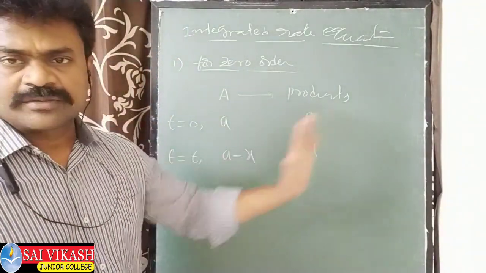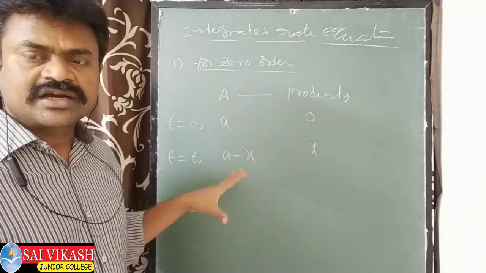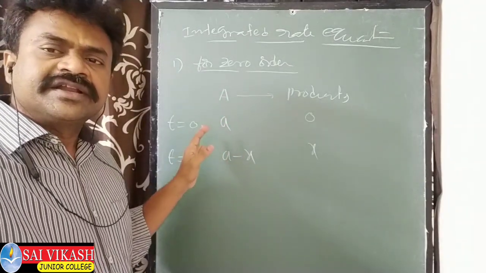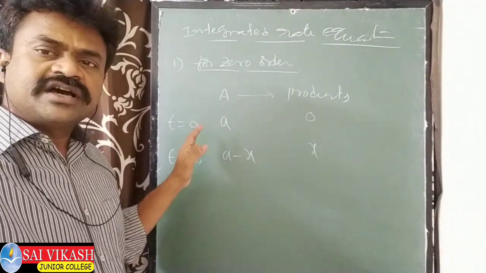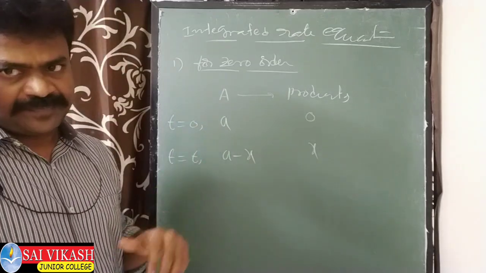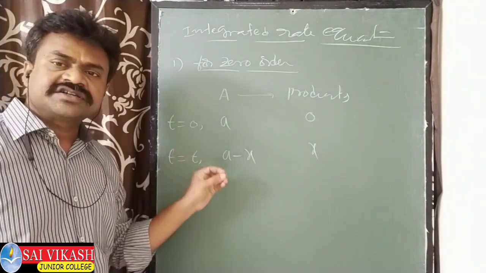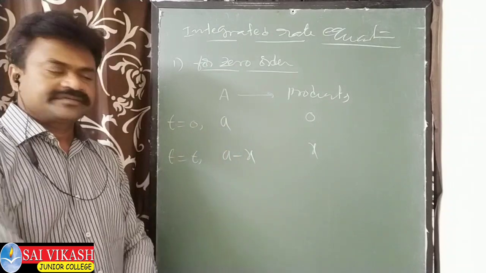Actually, we don't want the products. We want the concentrations of the reactants. That's all. We want the concentrations of reactants. Change in the concentration of reactants we have to find.